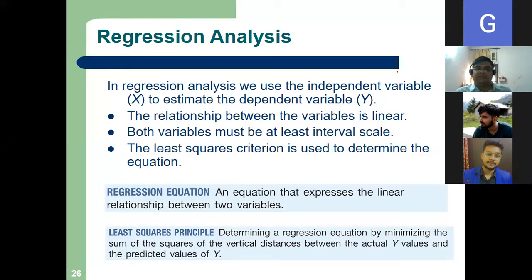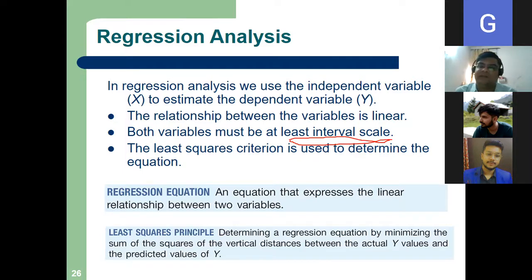Number one, the relationship between the variables is linear. These are our assumptions for regression analysis. Both variables must be at least interval scale, not nominal or ordinal. In nominal or ordinal data, we cannot write a regression equation.